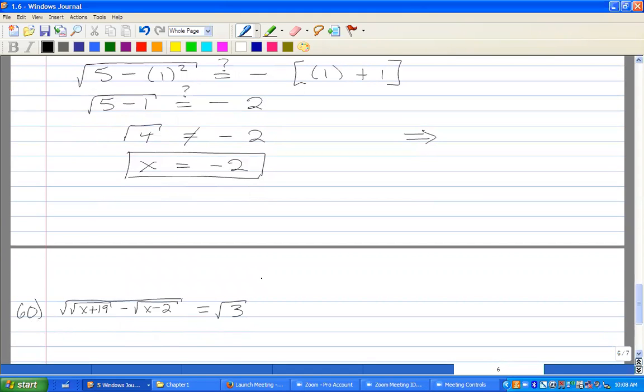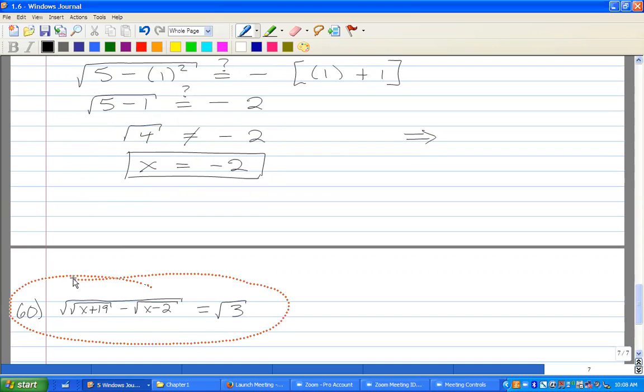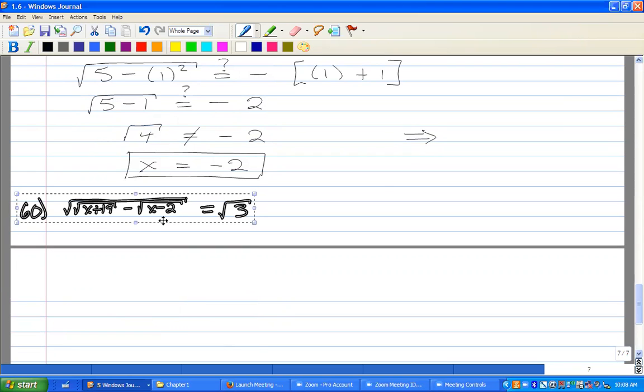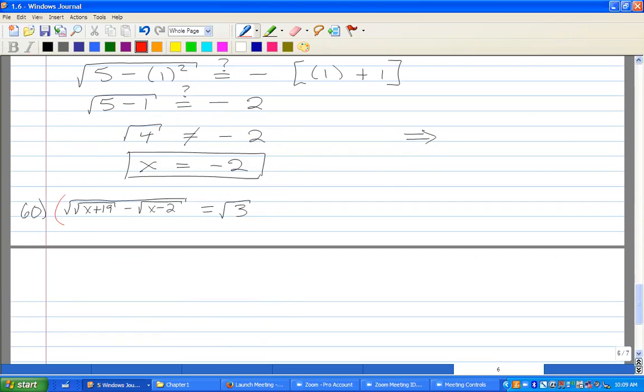Okay, so let's do problem number 60. The square root of x plus 19 minus the square root of x minus 2 equals the square root of 3. So let's square both sides of my equation.